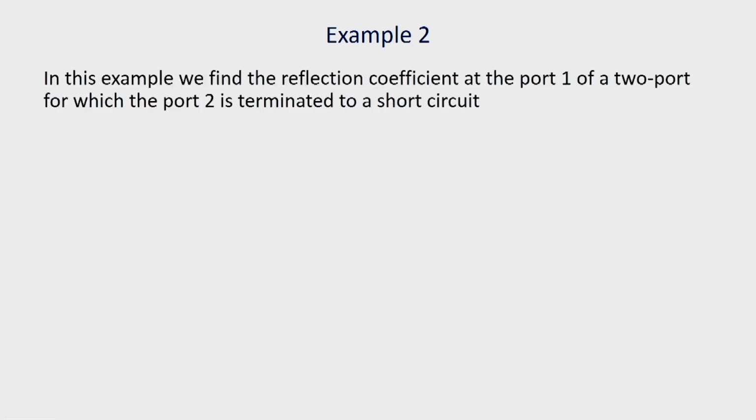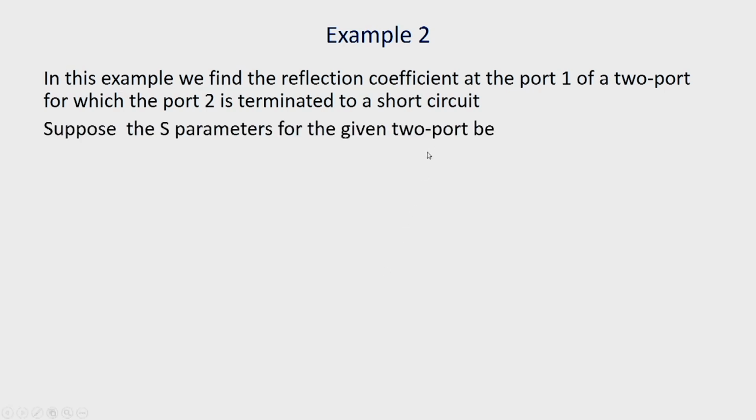We now consider a second example, where we find the reflection coefficient at port 1 of a 2 port when port 2 is terminated in a short circuit. So, let the S parameters for the 2 port be given as S11, S12, S21, S22, and next, in this 2 port, we connect a short circuit at port 2.